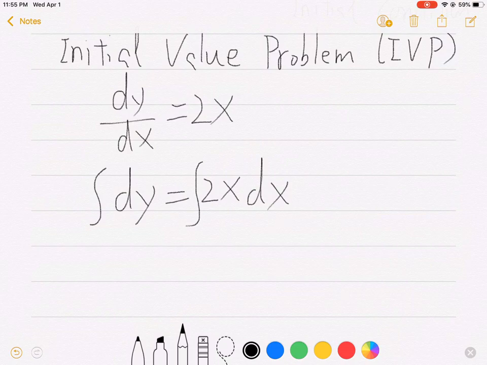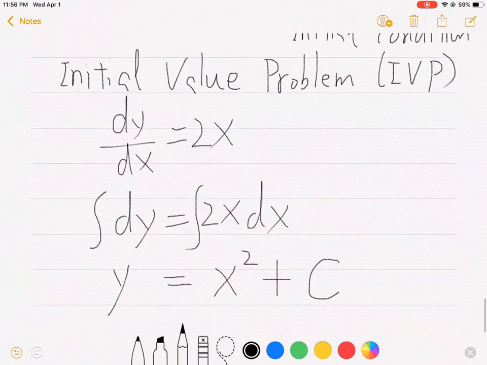The left side would be not x, it's y, because the variable is y. The right side would be x squared, because the derivative of x squared equals 2x. So don't forget to add a constant c.